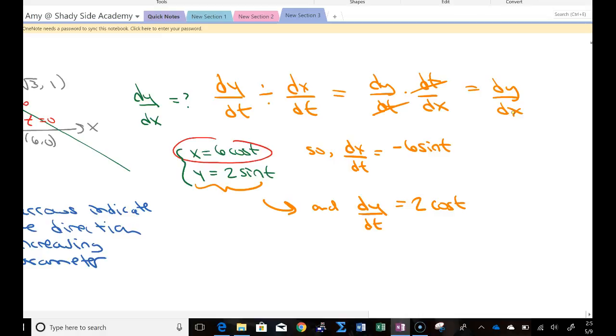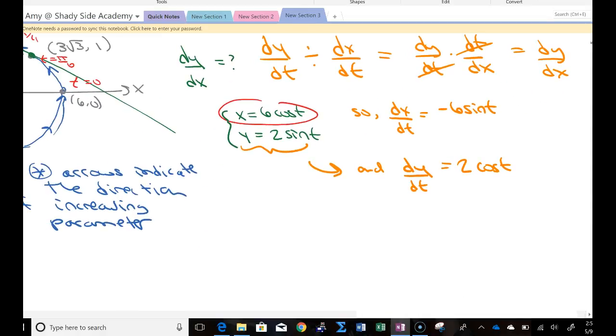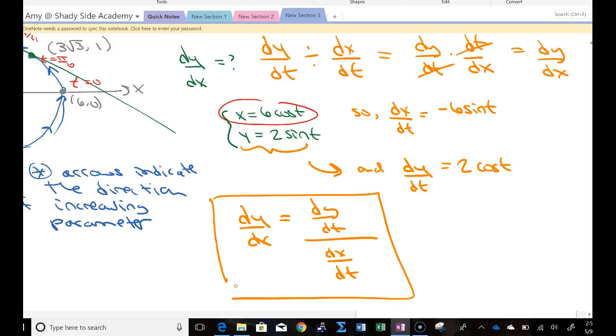The way that you will often see this written is: dy/dx equals (dy/dt) over (dx/dt). Okay? This is called dy/dx of parametrically defined curves.